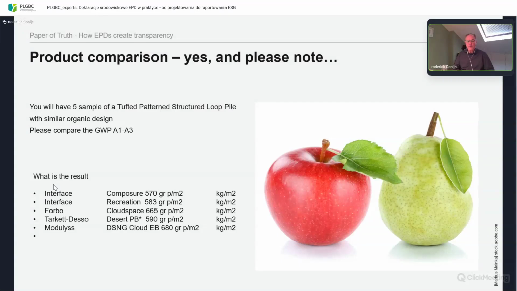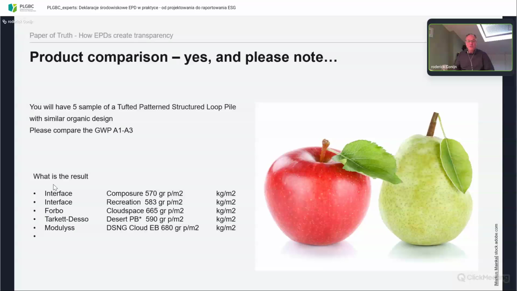And I've looked at different products within the market which have almost the same look and feel. So our Composure, but also our Recreation, which is actually our own clone of the Composure, with almost the same look and feel.